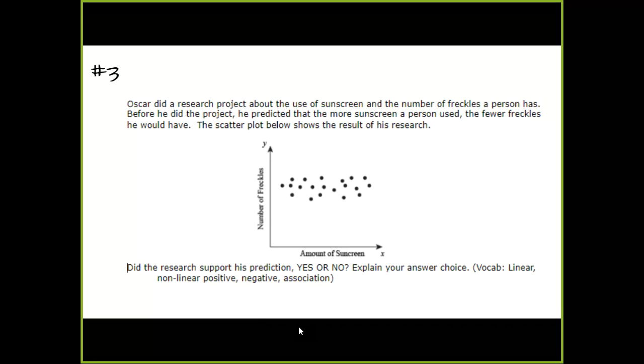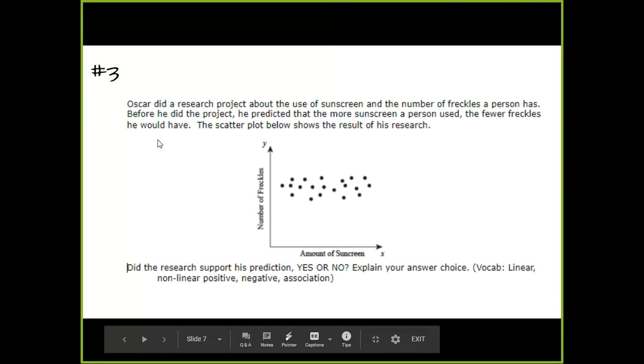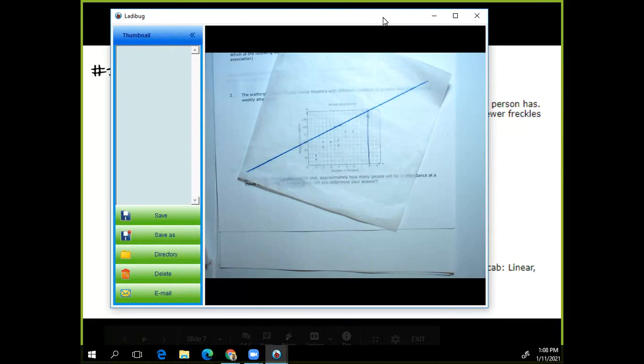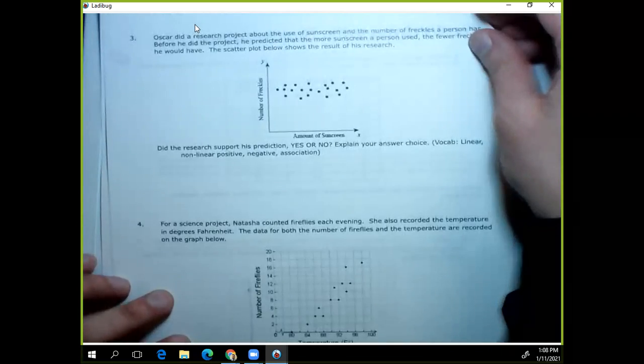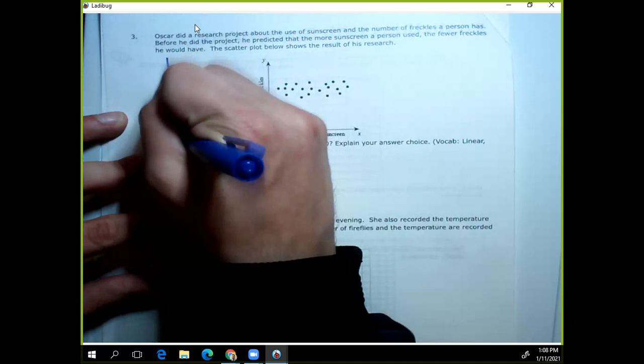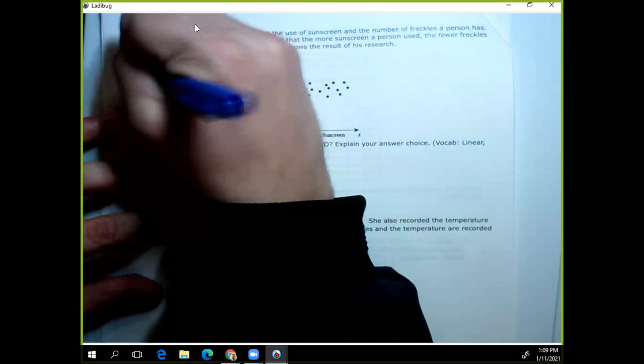No, because let's move to the document camera real quick. All right, so number 3. Let's make some example graphs. This is freckles.